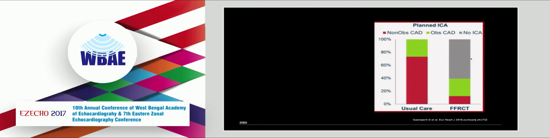You will notice two things. The patients who went and had FFR CT ended up with nearly 60% less need for invasive angiography, and among the people who went for angiography, non-obstructive CAD, that means where an angiogram didn't make a difference, was significantly reduced compared to people who went directly for angiography, where 70% of the angiographic studies did not really result in anything useful.